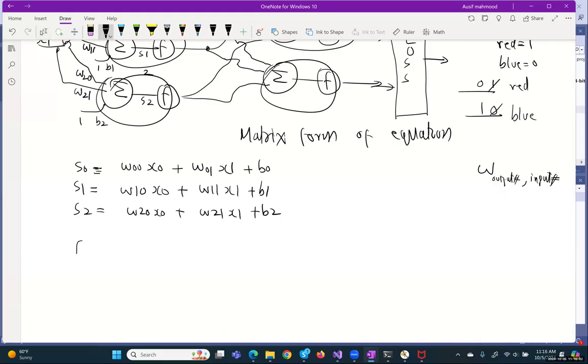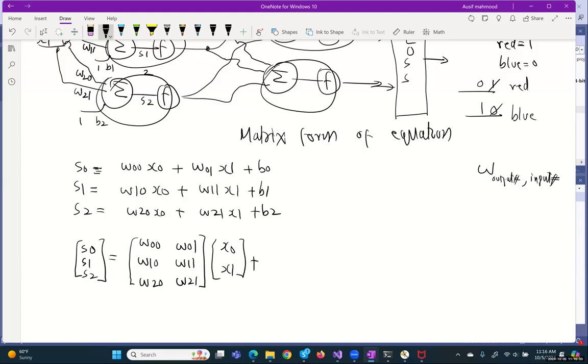So if I assemble this into a vector, S0, S1, S2, if I assemble all the weights into a matrix, and then x0, x1, and all these b0, b1, b2 as a vector, okay?